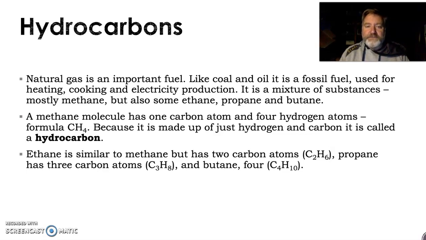So methane is CH4, so 1 carbon, 4 hydrogens. And then you have a range of them. So propane, you would have maybe heard of propane, has 3 carbons and 8 hydrogens. And butane, another gas you'd be aware of probably using when you're camping, will use 4 carbons and 10 hydrogens. So these are variations on the hydrocarbon structure.